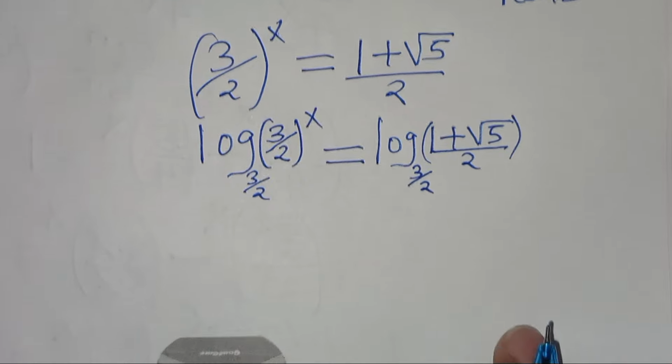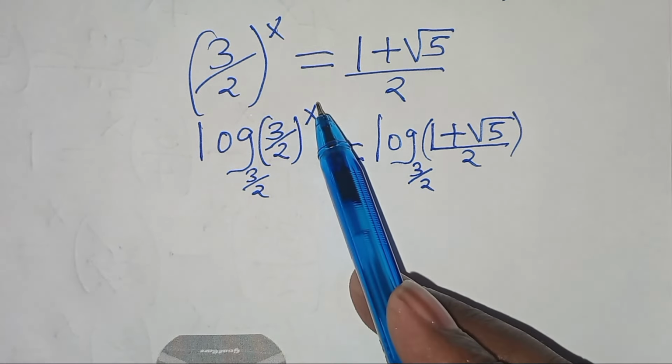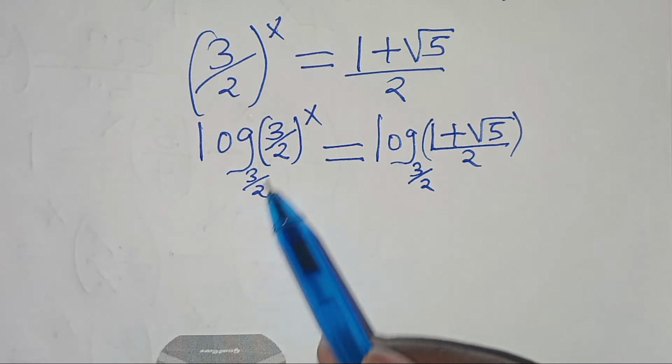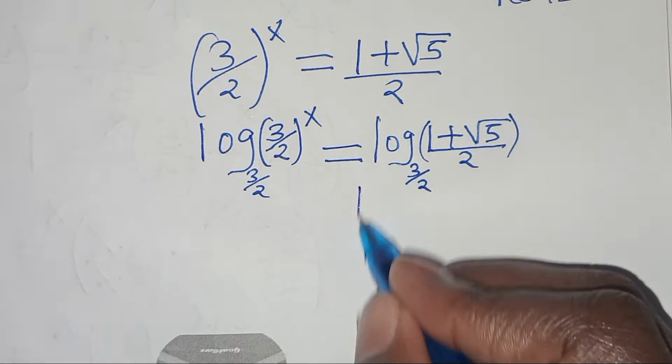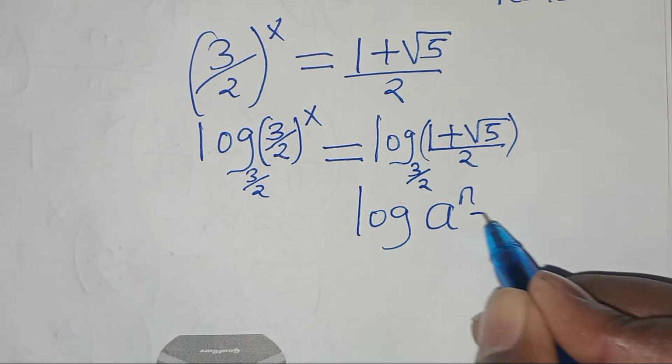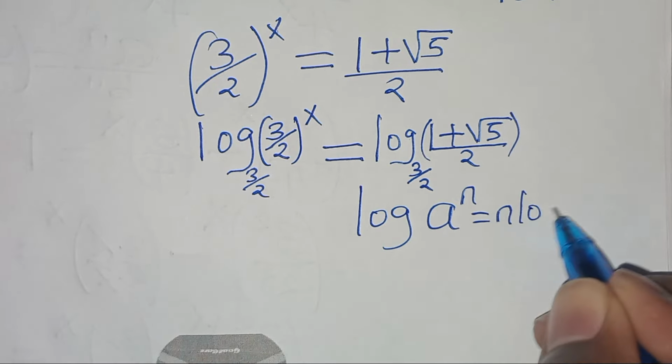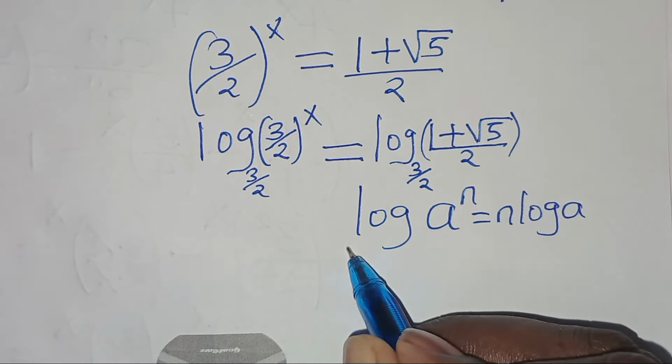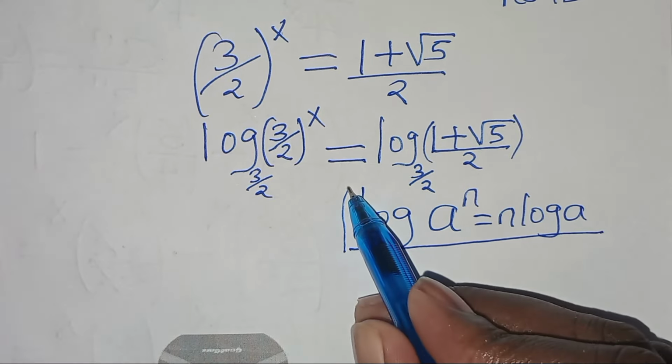So that now you find that log 3 over 2 raised to the power of x to base 3 over 2 is in the form of log a to the power of n, which you can express as n log a. So let's apply this power rule property of logarithm from here.